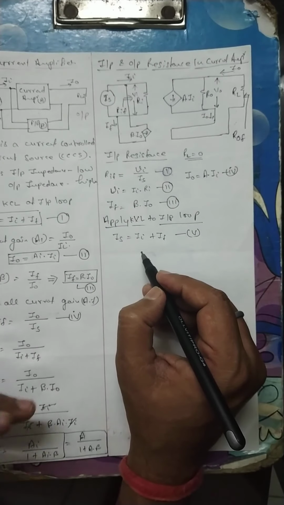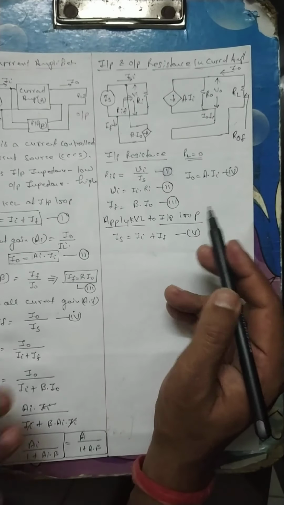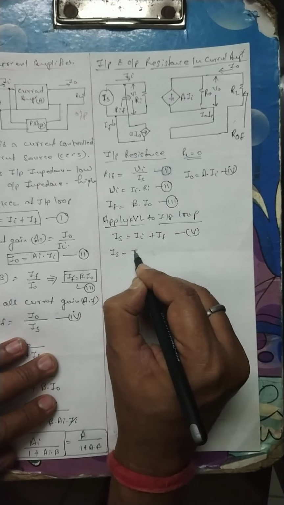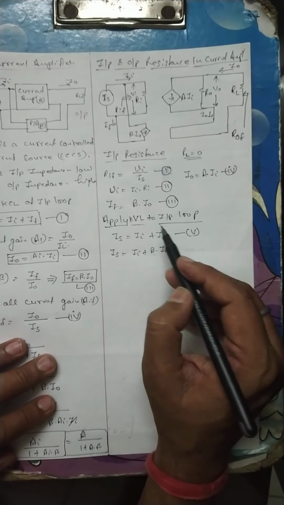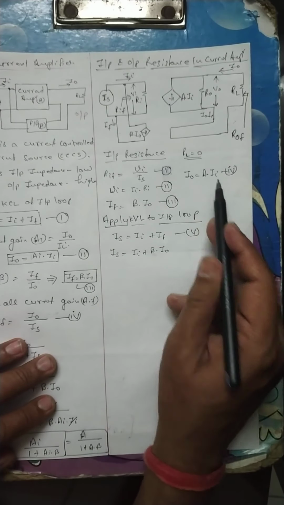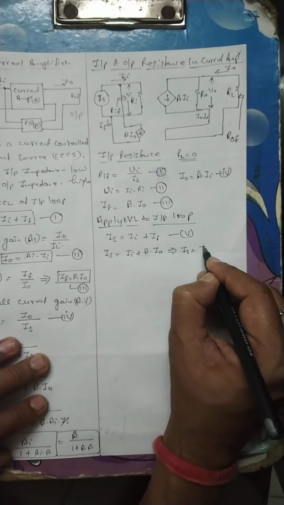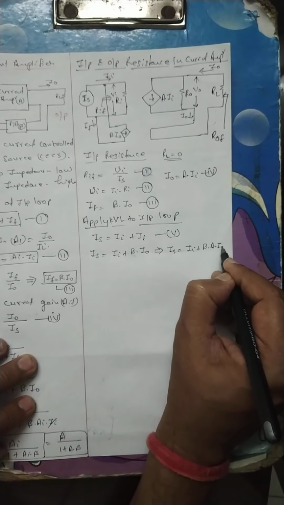IF is equal to beta into I0 and I0 is equal to A into II. Putting these values, IS is equal to II plus beta into I0, and again I0 is equal to A into II, which implies IS is equal to II plus beta into A into II.